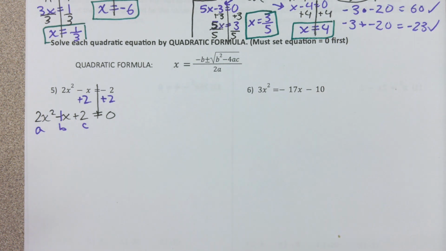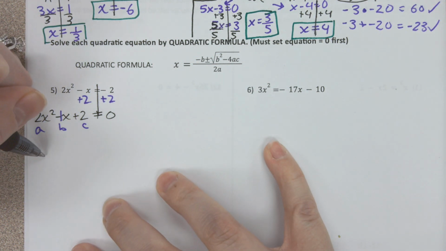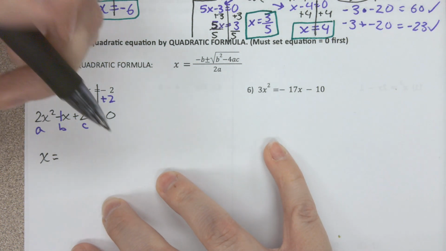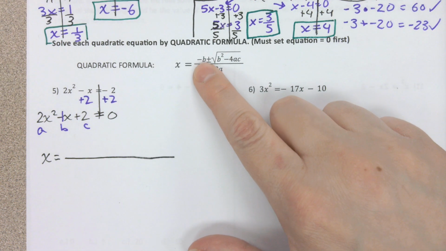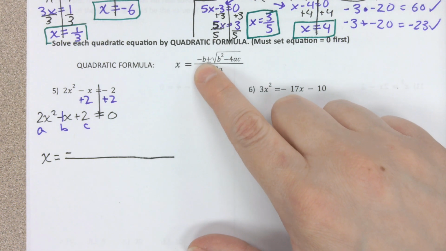At this point, if you haven't grabbed a calculator, I'd go ahead and do that. We're going to be using that here. Let's plug these in. X equals, first we have that negative.